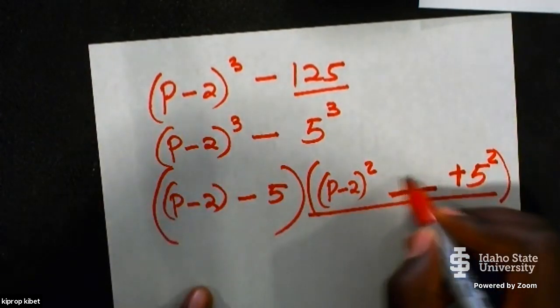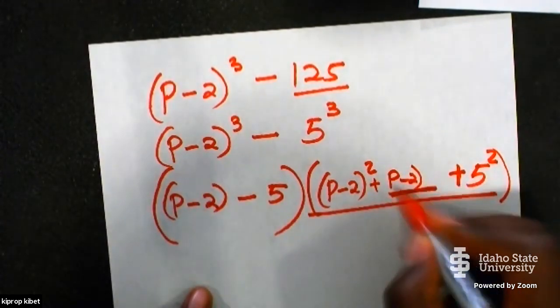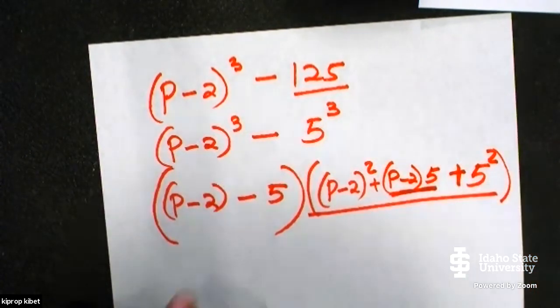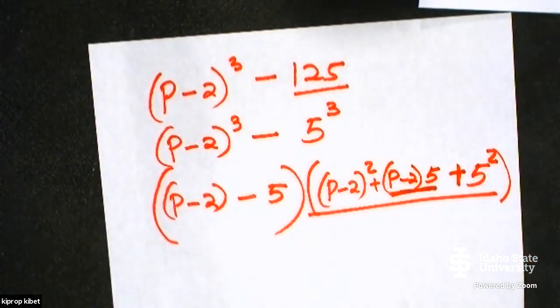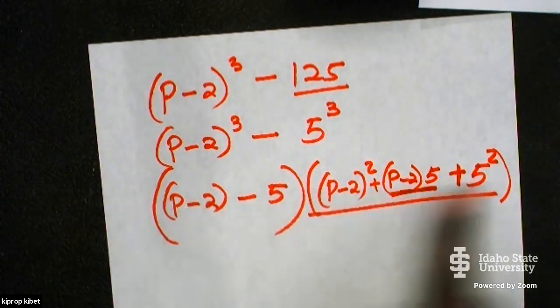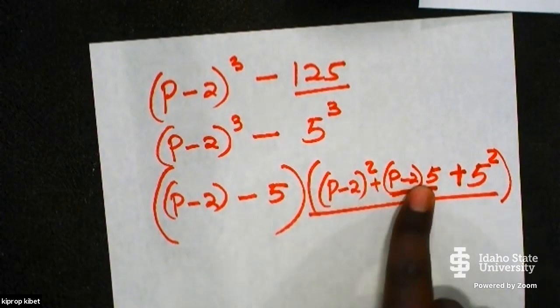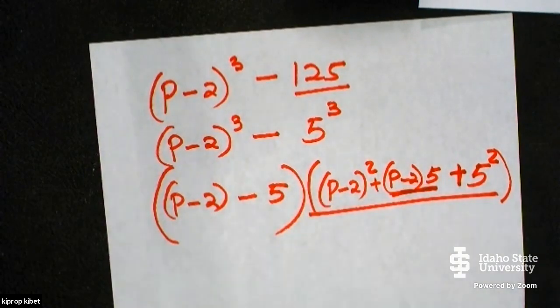So our value will be plus (p - 2) times the what? Times 5. So (p - 2) times 5. So when you multiply this, and then you multiply this one and this one, it will subtract and you get a 0. Okay?